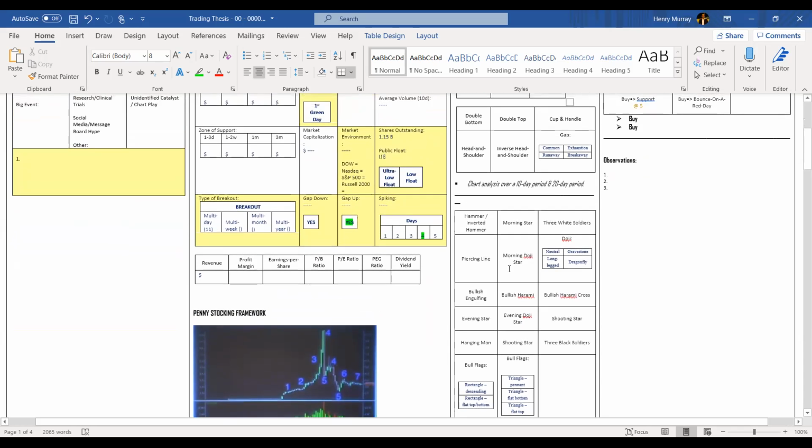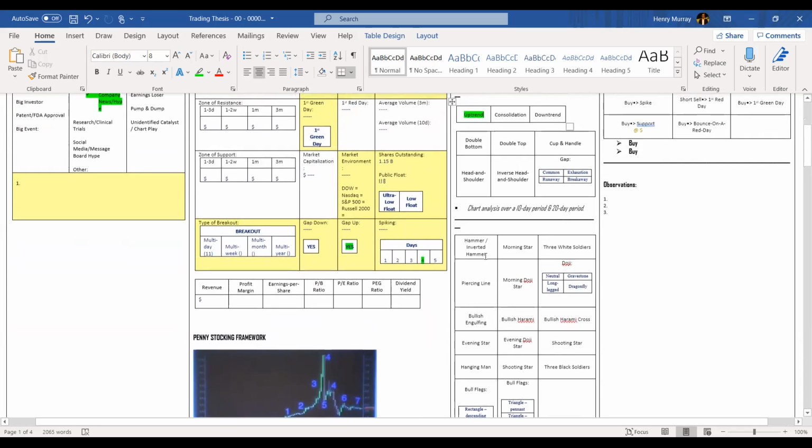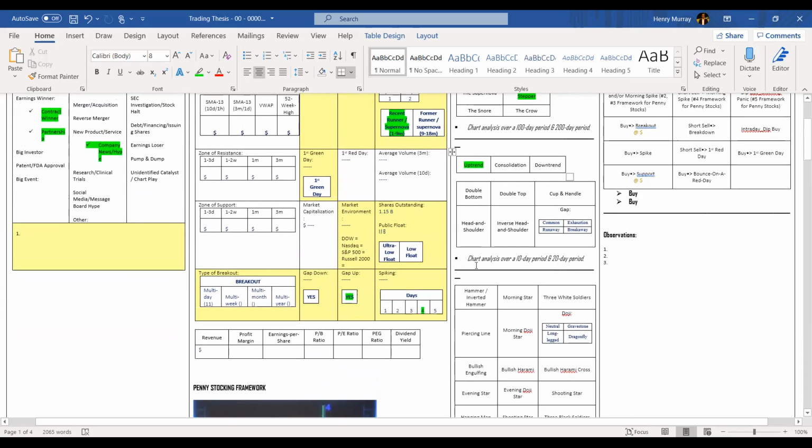And what I've done is to consider different time frames. If you look at the section for what is the trend, I'm looking at the trend over the time frame of 10 days to 20 days, 2 weeks to a month.